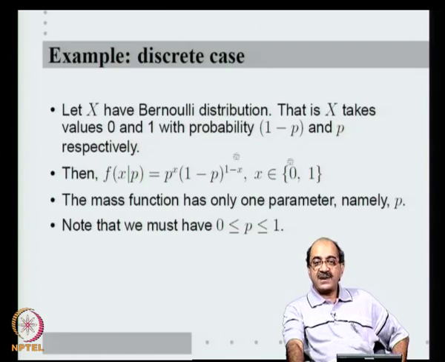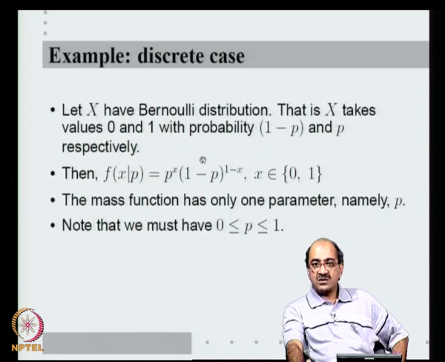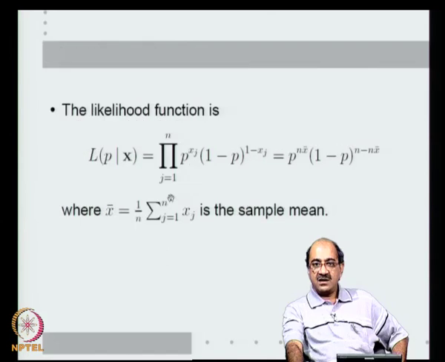Of course, we must ensure 0 less than p less than 1. So, I have to maximize the likelihood over p between 0 and 1, but as it turns out, if you just maximize unconstrainedly, you will anyway get p between 0 and 1. So, what is the likelihood function? The product over j equal to 1 to n of p power x j into 1 minus p power 1 minus x j, which is p power summation x j times 1 minus p power summation of 1 minus x j.